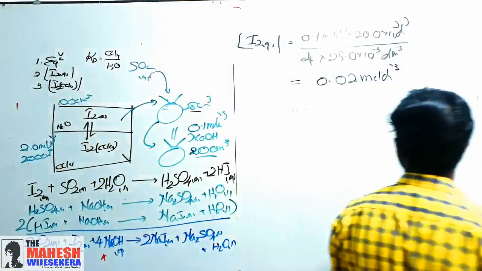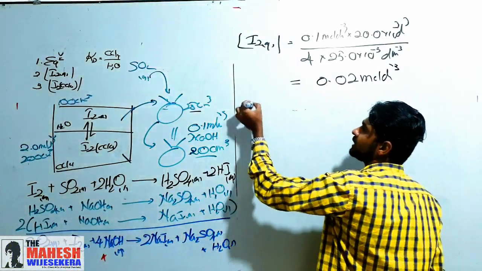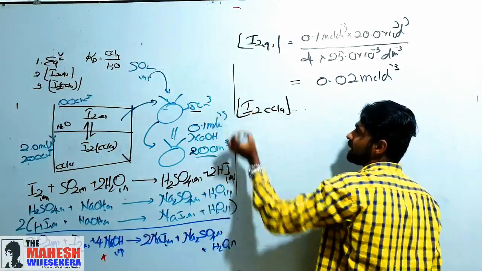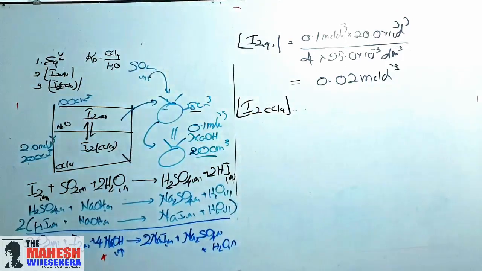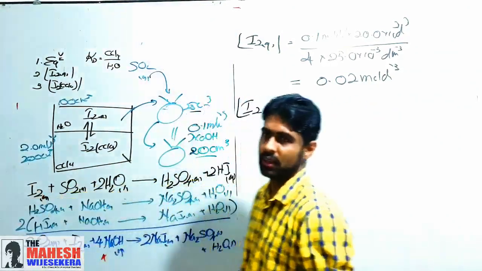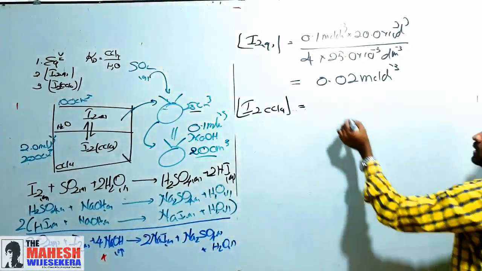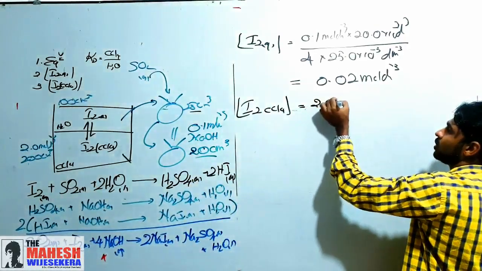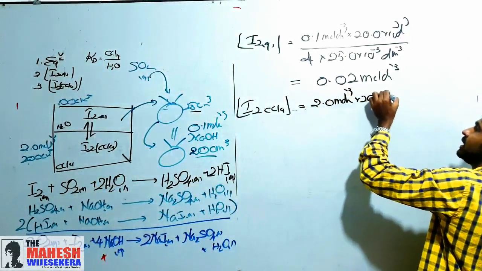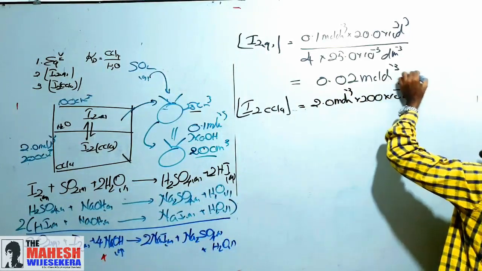Then what is the concentration of I2 in CCl4? That is the remaining, equilibrium concentration. Originally it had 2.0 moles per cubic decimeter into 200 into 10 to the power minus 3 cubic decimeters.